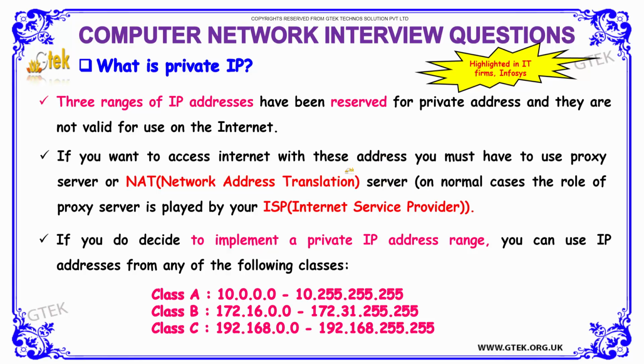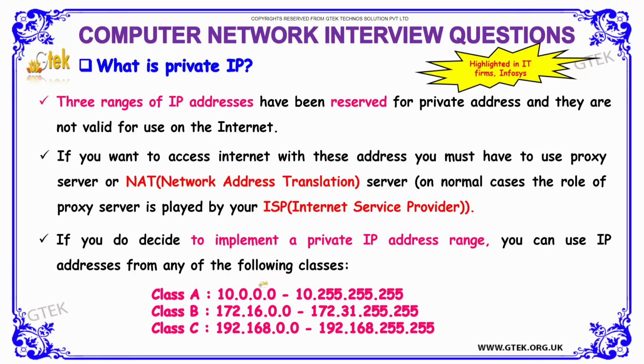If you want to access the internet with these addresses, then you must use the proxy server or your network address translation server. In normal cases, the role of proxy server is played by your ISP, which is nothing but your internet service provider. So if you want to implement a private address, then you have to use the proxy server.